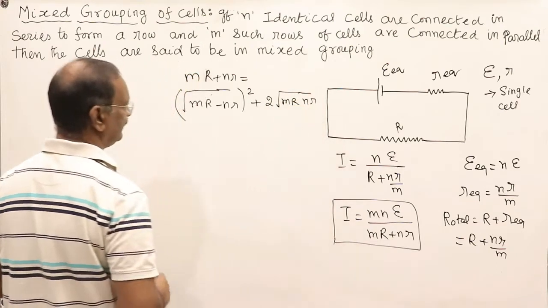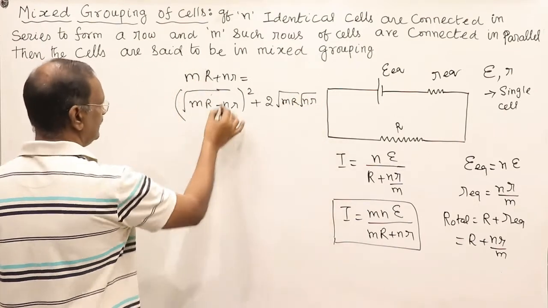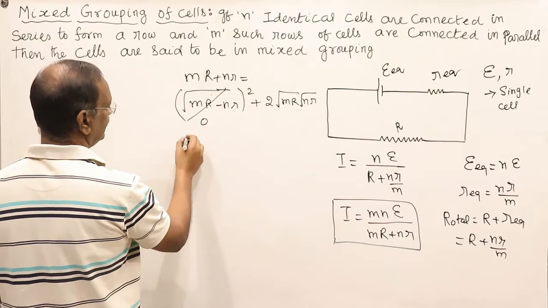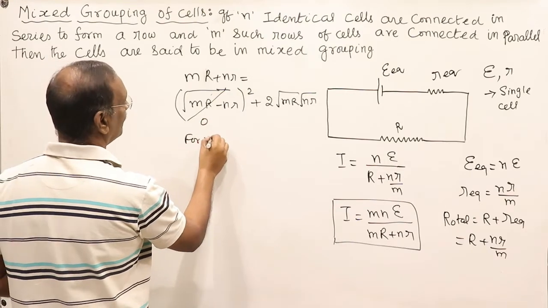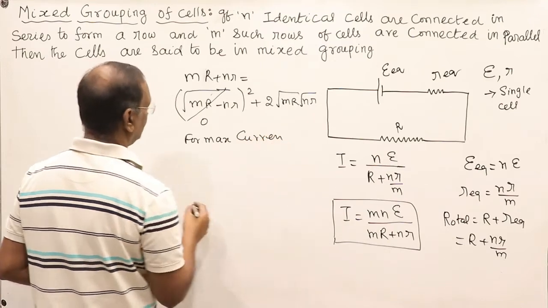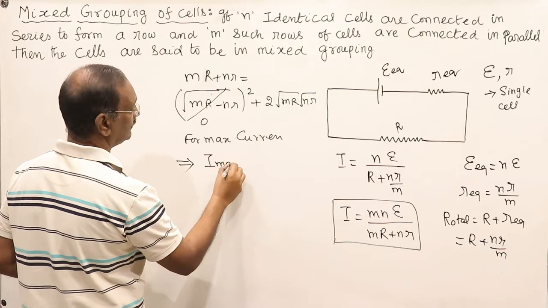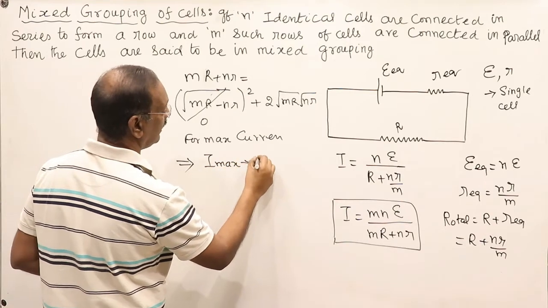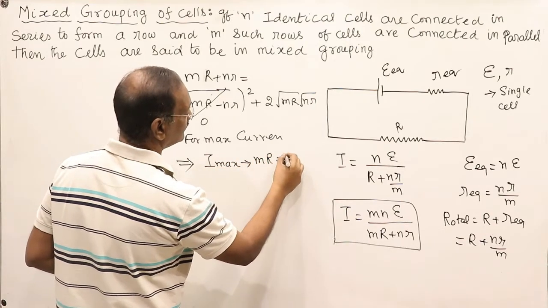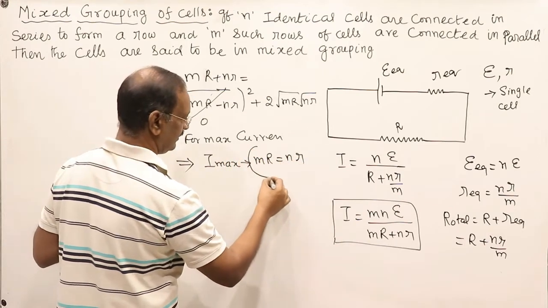This we have seen; we can write it separately, and this has to be 0 for maximum current, which is the condition we have derived for I max. The condition is m R should be equal to n times r. This is the condition we have derived.